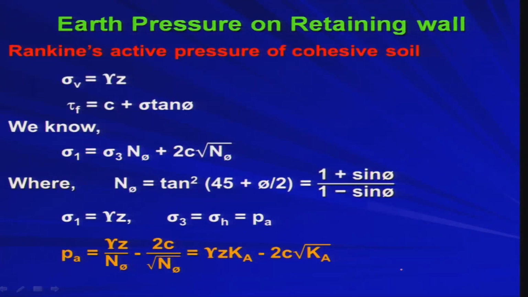Now, so far we have seen that if you have cohesionless soil, that means C was 0 in that situation, then how we have got the pressure distribution on the wall, and how we could calculate the total active thrust or passive thrust on the wall.